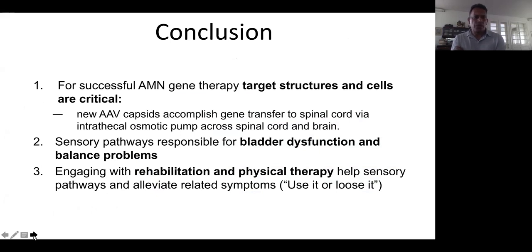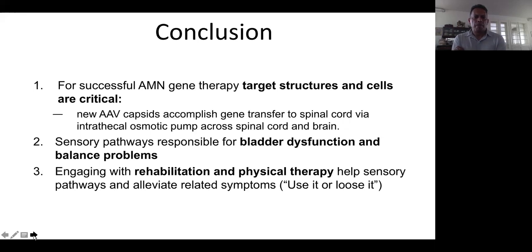But the good news is that the newer capsids that we use for gene therapy are able to really cross the blood-brain barrier and deliver to those critical structures, the sensory pathways that I mentioned, the DRGs, that dorsal root ganglion, that are important transit locations for the nerves. And understanding those is important because sensory pathways are really responsible for bladder dysfunction and balance problems.